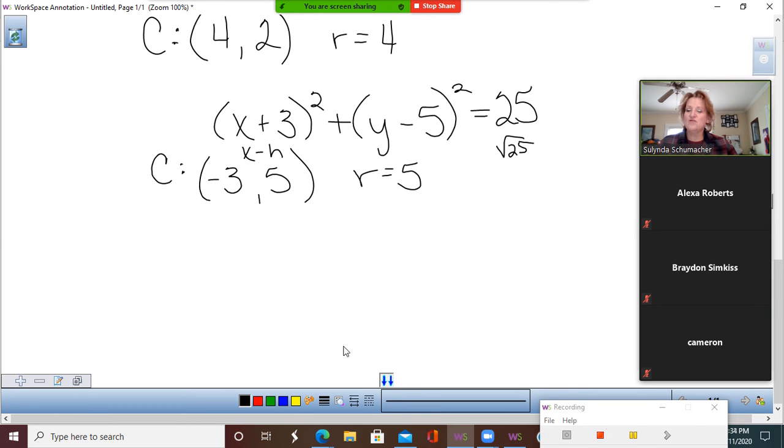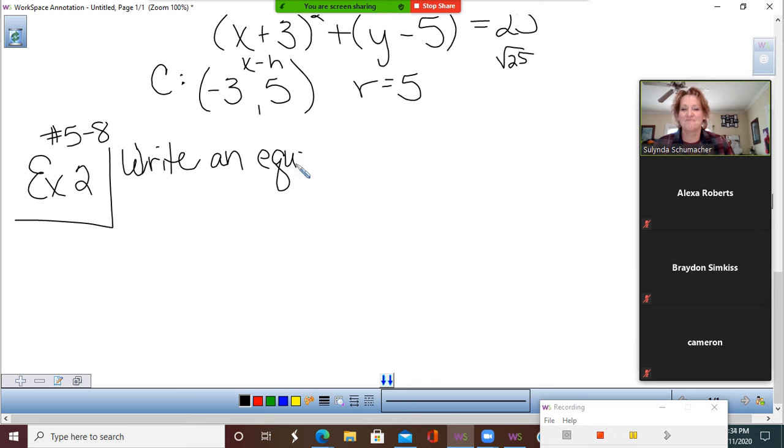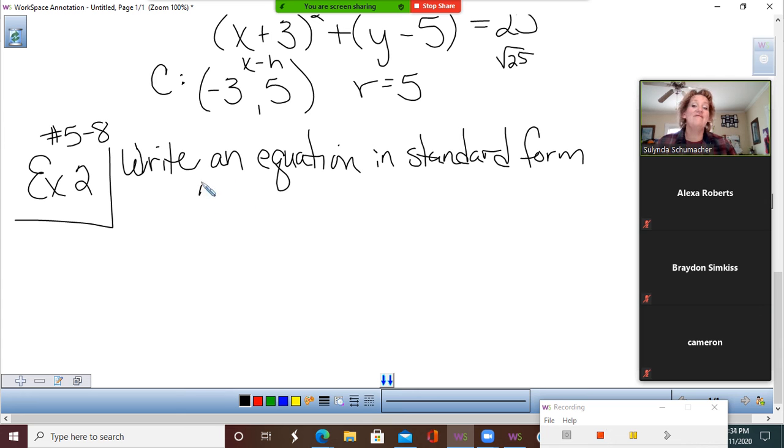All right, example number 2. Example number 2 is just like 5 through 8 on the worksheet. Again, these are going to be so quick and easy for you. I want you to write an equation in standard form, and this time I'm going to tell you you have a center at (3, -9), and a radius of 10.